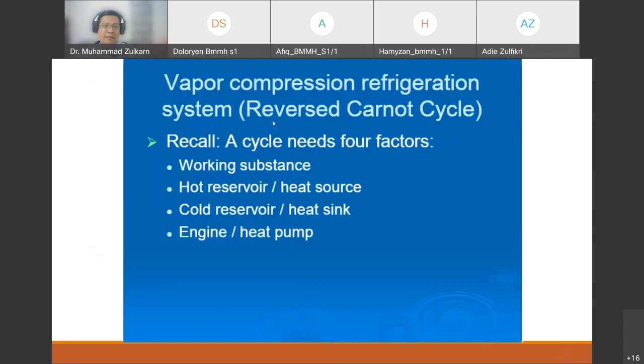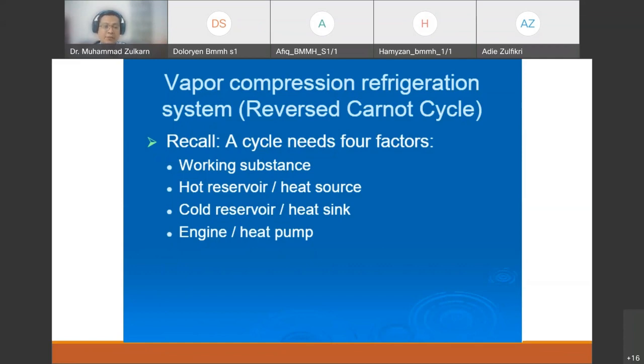Okay, vapor compression refrigeration system. Okay, Carnot cycle. We use a Carnot cycle because the refrigerant will receive the thermal energy, deliver it to the room, and then again reject the absorbed heat to the environment.